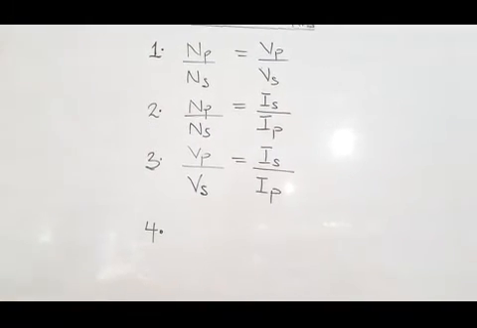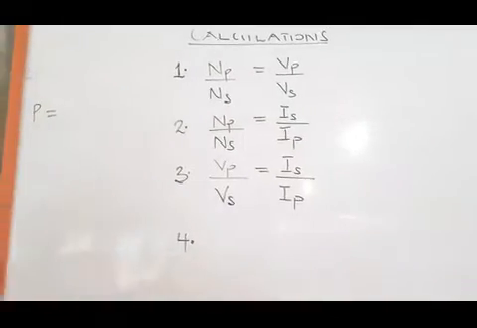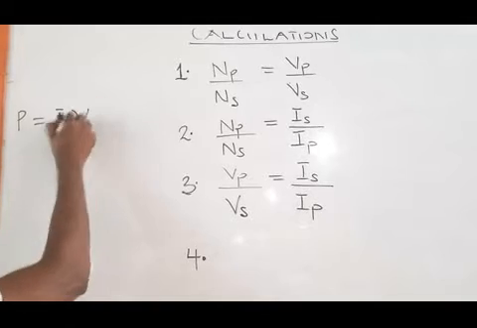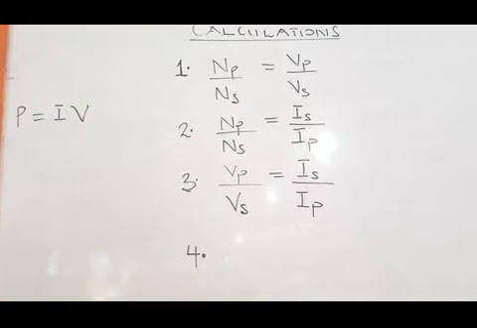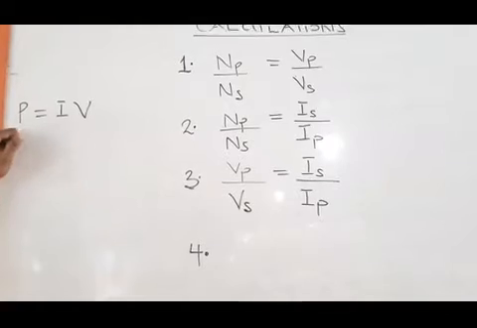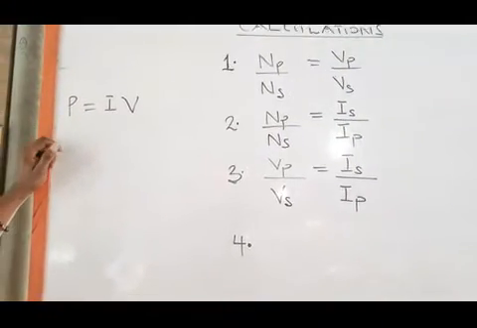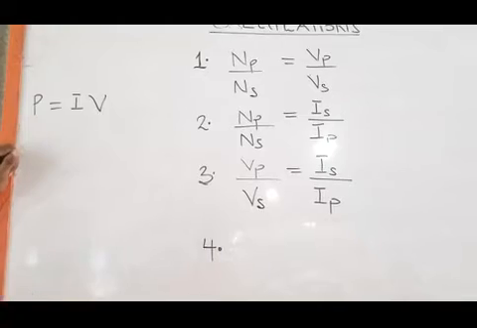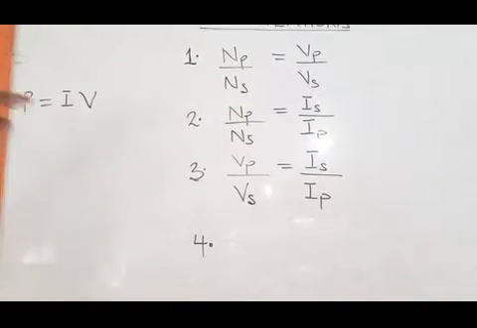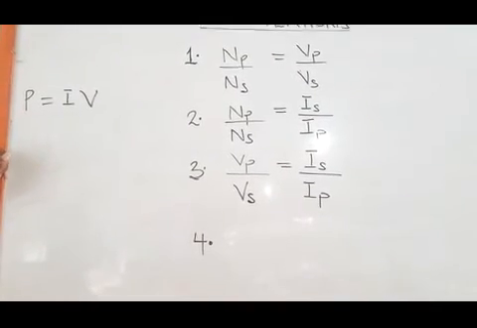In terms of current and voltage, when we're looking at electric energy and power, one of the equations for power is power equals current times voltage. So in transformers, if you're asked to find the power input, that is the power generated in the primary core, so it will involve the current in the primary core times the voltage in the primary core.